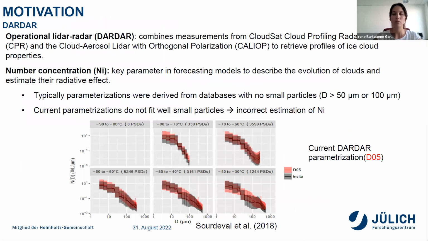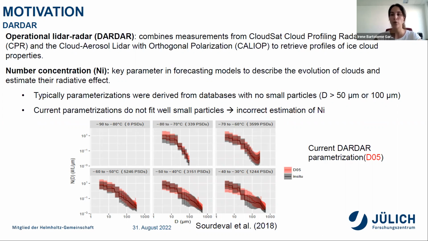One example of a parametrization used for retrieval from remote sensing is in DARDAR. For those that haven't heard of DARDAR, this is a combination of measurements from the CloudSat cloud profile radar combined with the CALIPSO lidar.